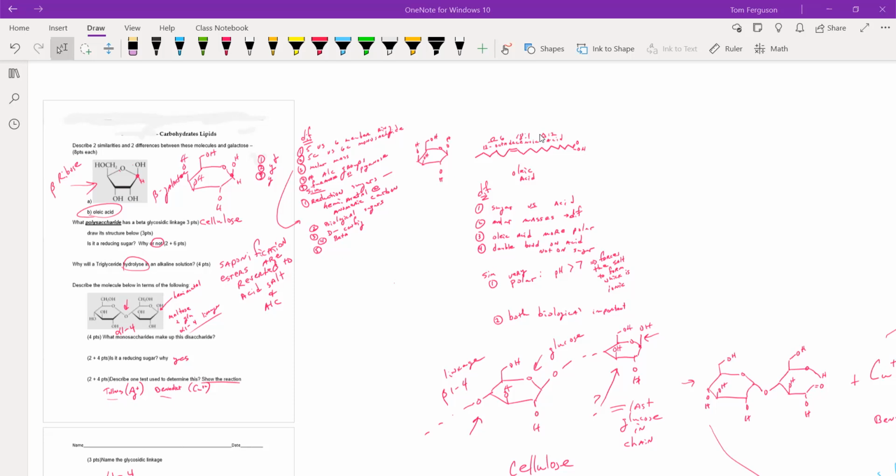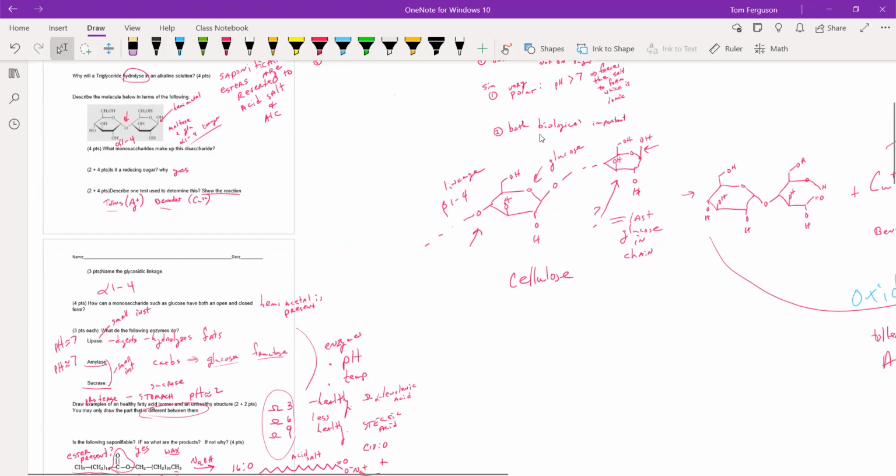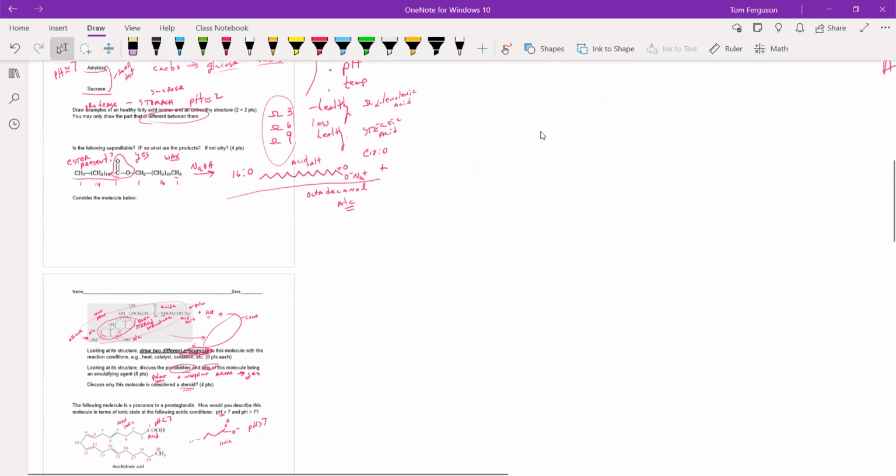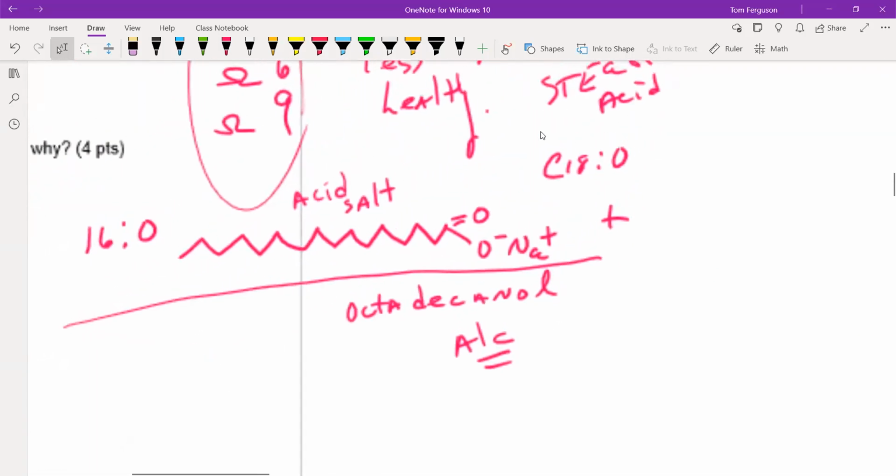The polar part is just the COO-, Na+. No, that's half of it. The other half is the acid salt.